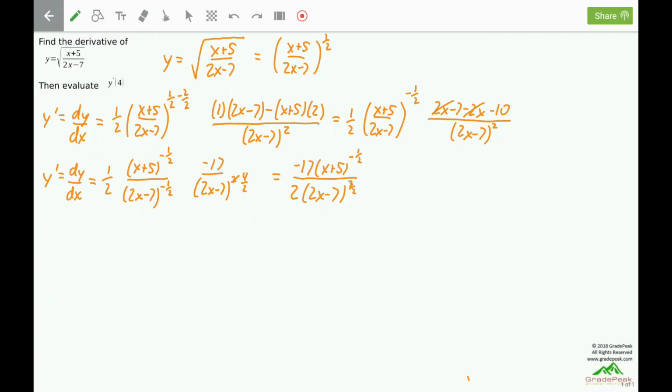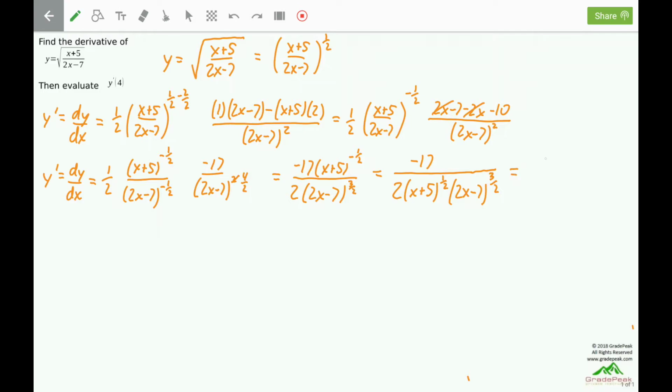Our next step, we can bring that negative exponent down to the denominator. So the negative 17 will be the only thing left in the numerator. And we have 2 times (x plus 5) to the positive 1/2 power by moving it to the denominator, and then the (2x minus 7) to the positive 3/2 power.